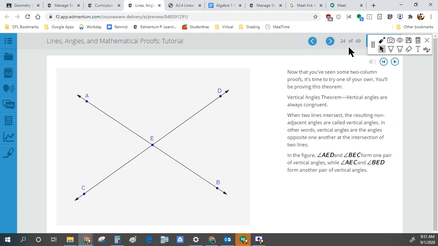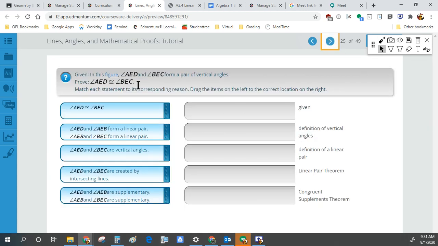So let's get into vertical angles. We're trying to prove that these vertical angles are congruent. First, it's giving us this fact: ABC, those are vertical angles. It's given. So what's our given? What did they tell us right away? Well, they said that those are vertical angles. So we're going to look for where it said that.